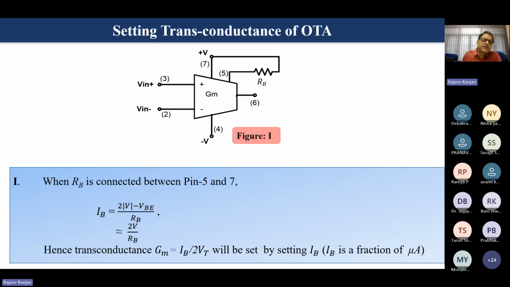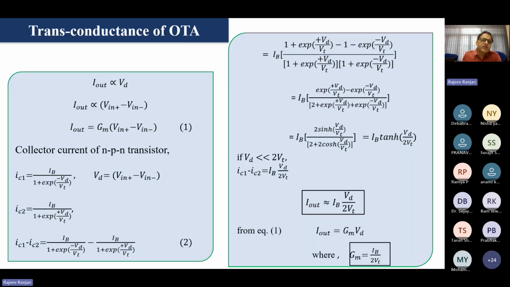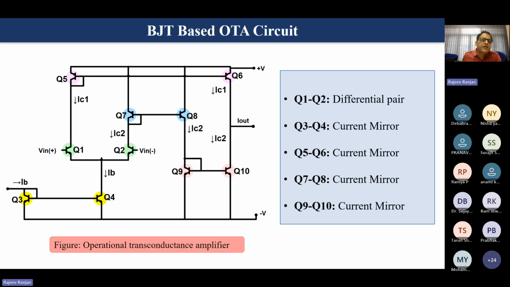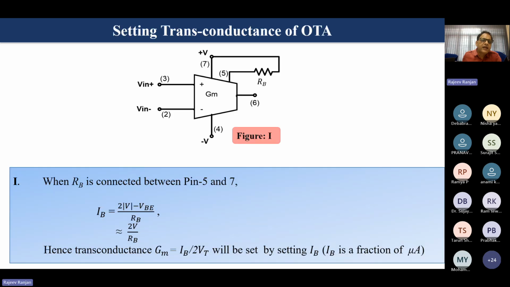So if we see the internal structure of this circuit, through RB we connected voltage V. Q5 is connected to voltage V, this one. After Q5 and Q7 are connected, you will apply the Kirchhoff voltage law at that point.